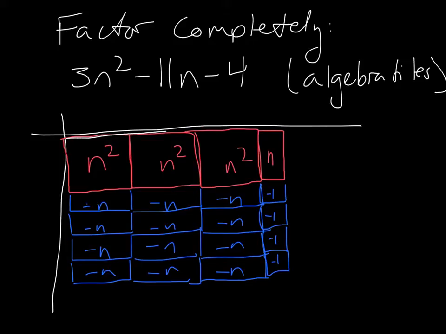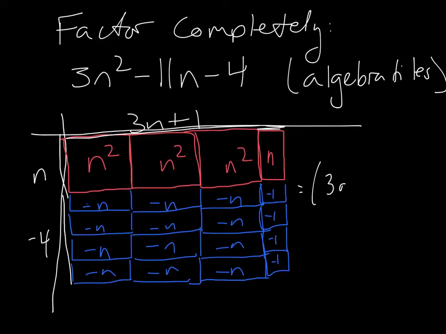So that is the length of 3 n's, and that's the length of 1, a positive 1. This right here is the length of n, and this is the length of negative 4. So my overall answer in this would be equals 3n plus 1 and n minus 4.